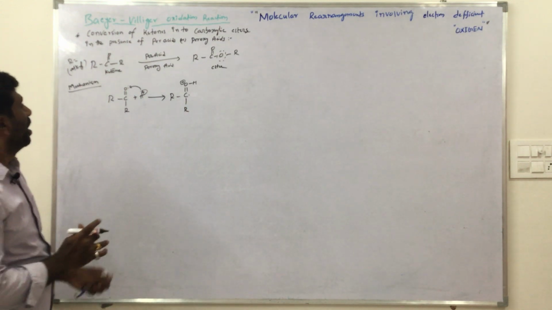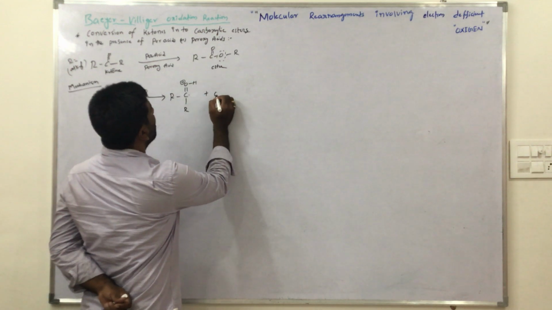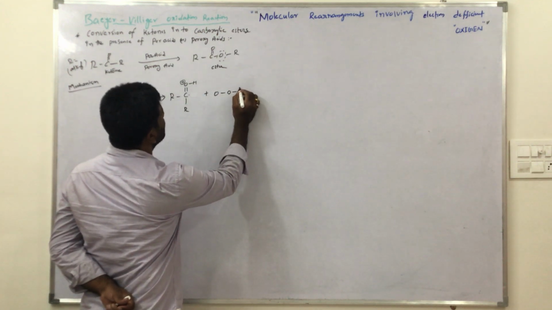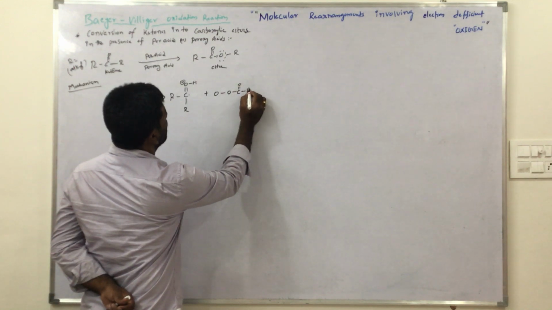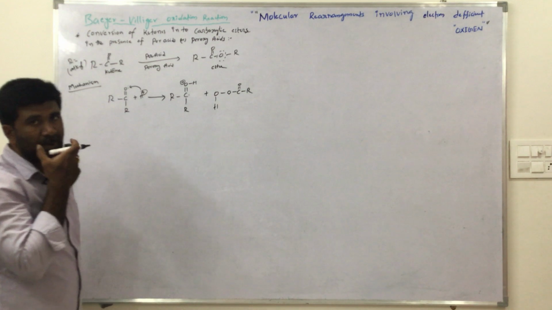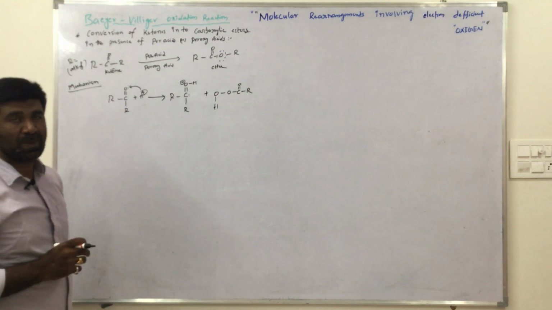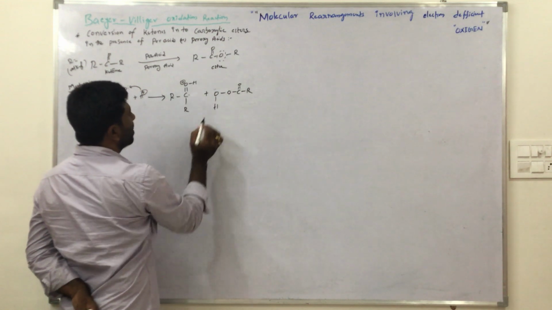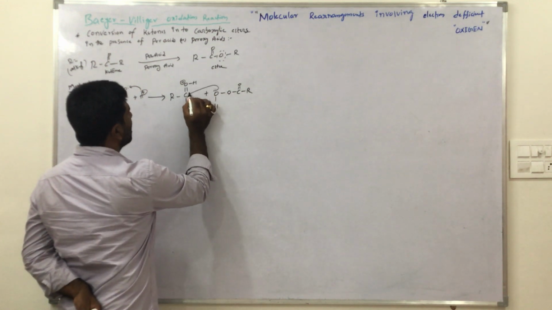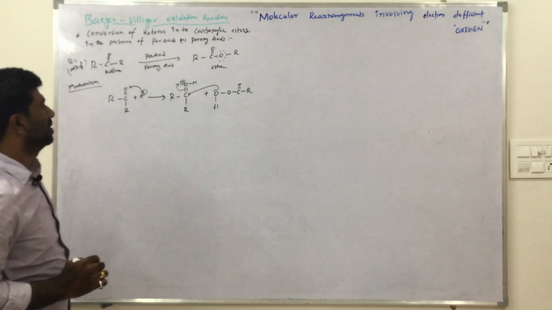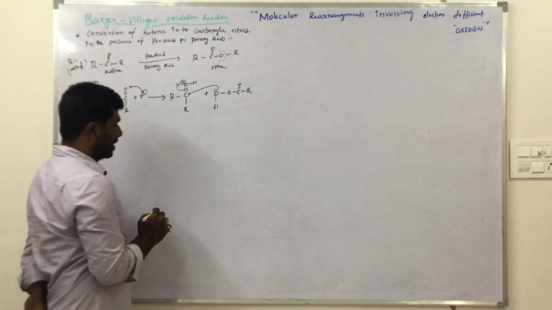Clear? Now, the oxygen of peroxyacid, C double bond O, R, H. This is the peracid. Now, a lone pair of electrons attacks here. This is the procedure.